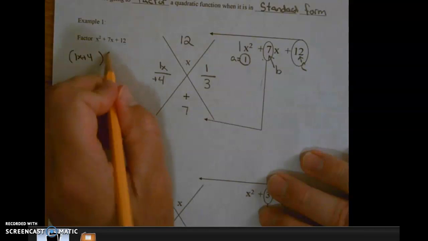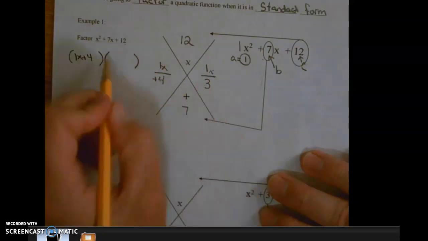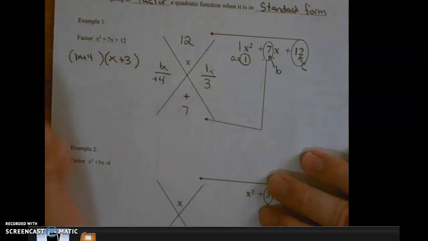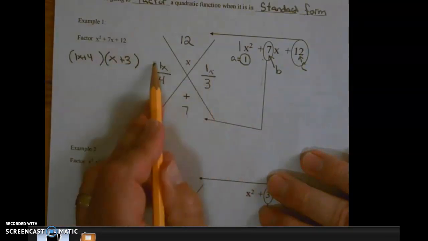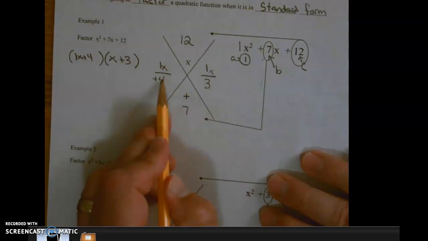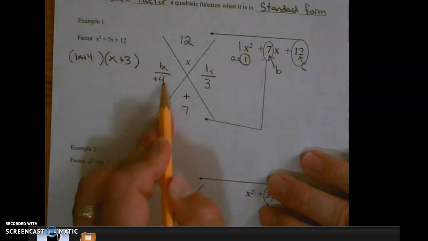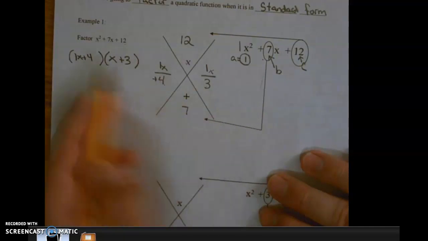And then our second factor is going to be 1x plus 3. So keep this in mind that these fractions, if they can be reduced, you should reduce them before writing the factors. But since we can't reduce 1/4, we can write the factor. 1/3, we write the factor.